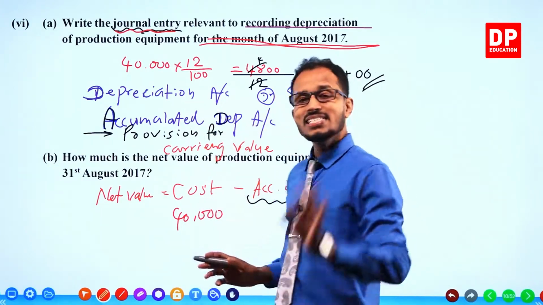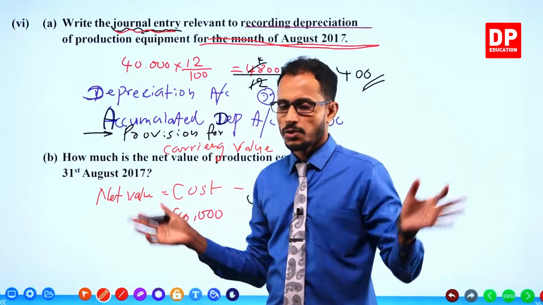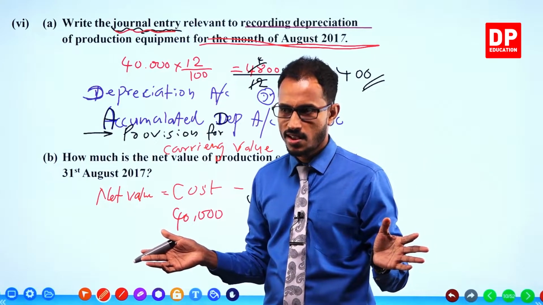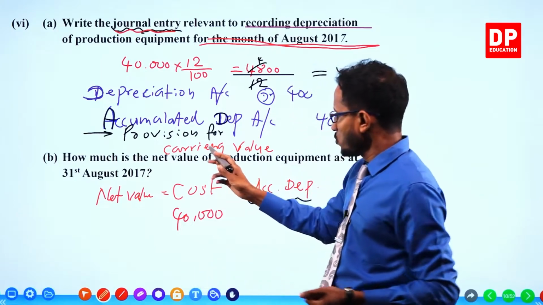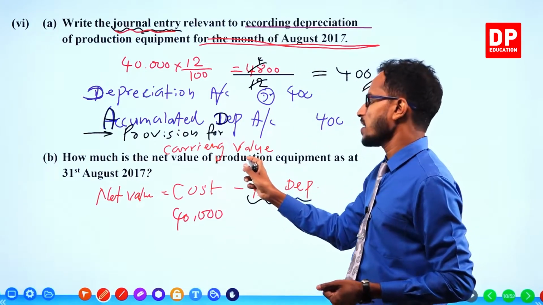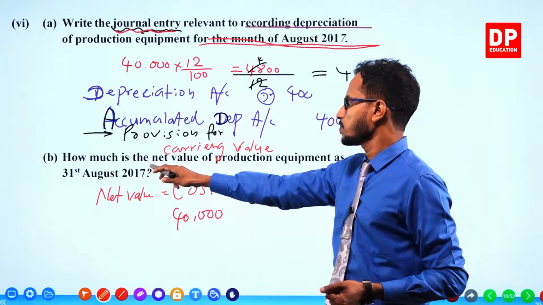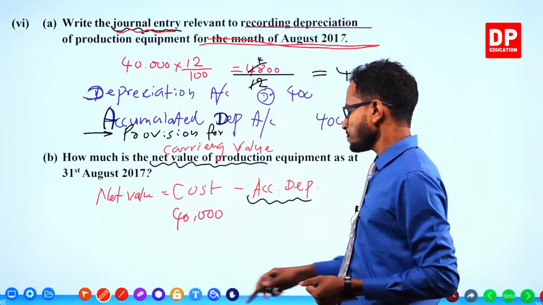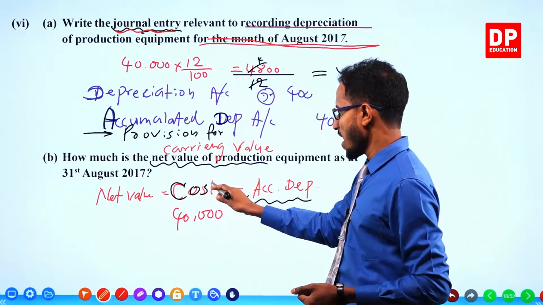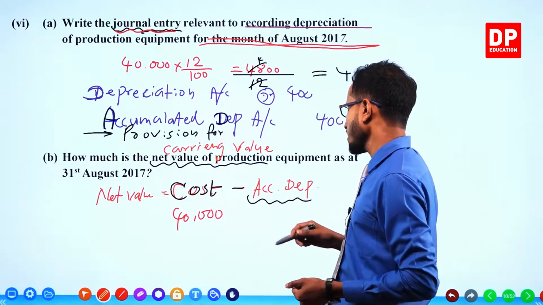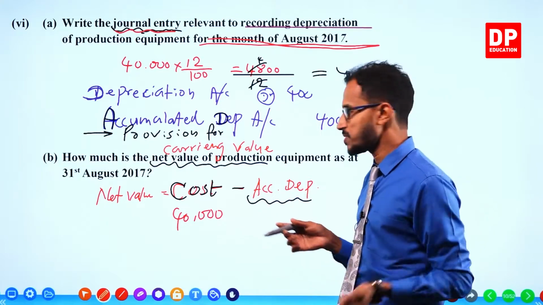Accumulated depreciation means the same thing. It's like a synonym, let's say. To find the carrying value or the net value of an asset, you must take the cost of it and subtract the accumulated depreciation or provision for depreciation.